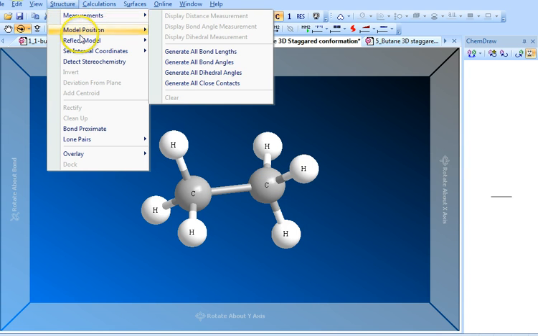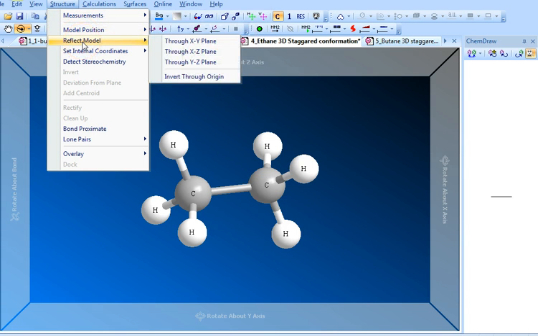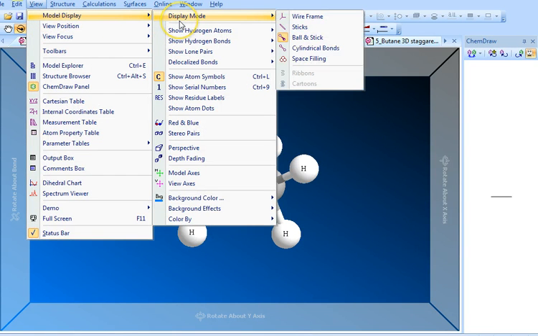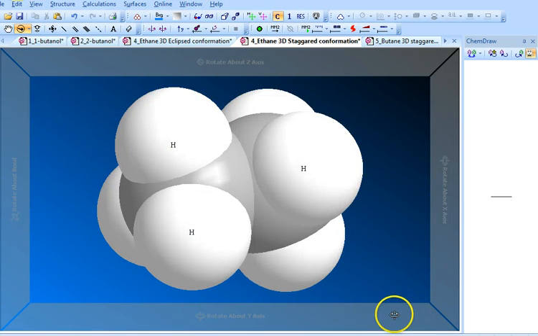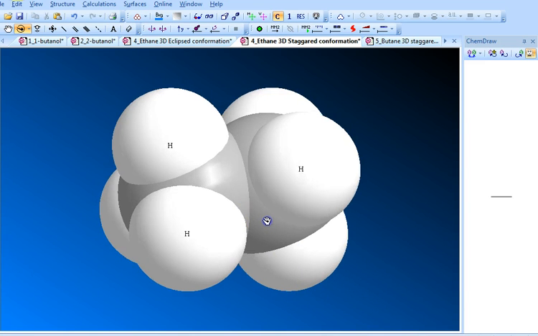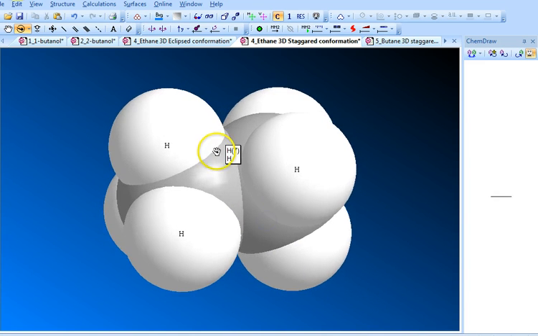Okay, but the actual molecule is going to look like this, correct? So you can see that these hydrogens and these hydrogens are very close.